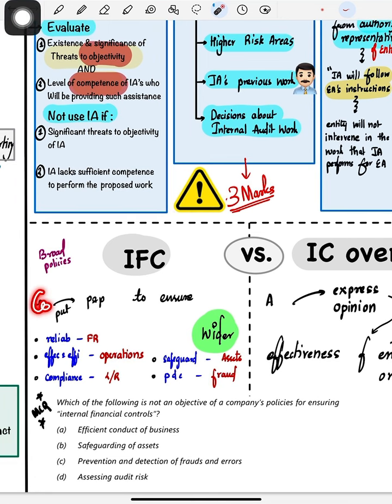When the company puts policies and procedures to ensure reliability of financial reporting, effectiveness and efficiency of operations, compliance with laws and regulations, safeguarding its assets, and prevention, detection and correction of fraud, then that is internal financial control. So it's basically policies and procedures the company designs to ensure that these things are going on smoothly.